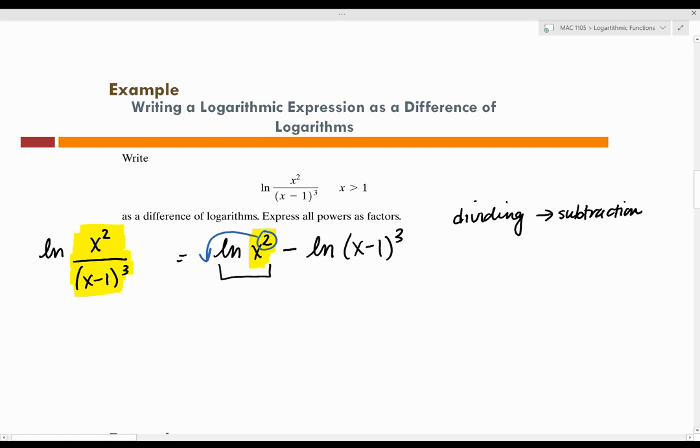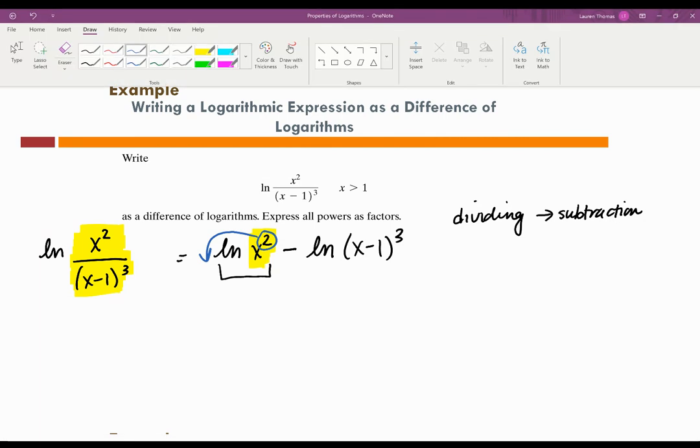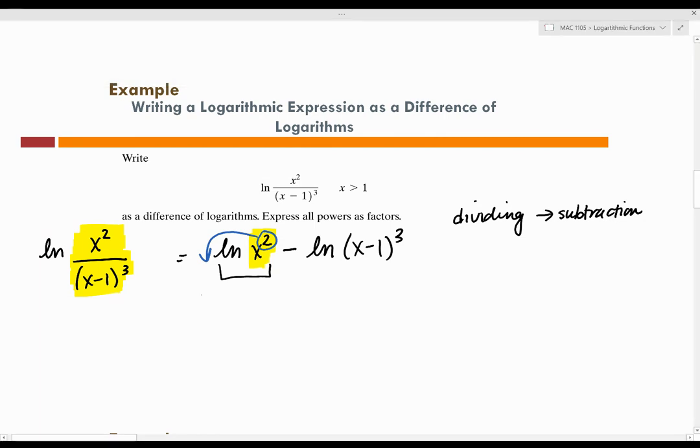So that 2 needs to come to the front by our rules of logs. That's going to give me 2 natural log of x. Now, as I look at that expression again, I no longer see any multiplication, division, or powers. So that one's complete.